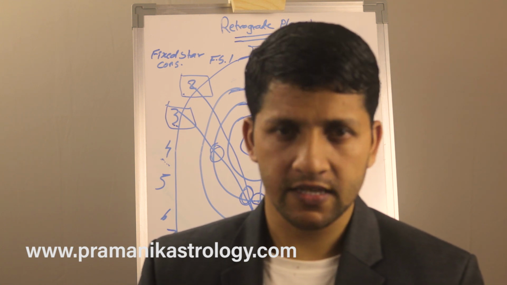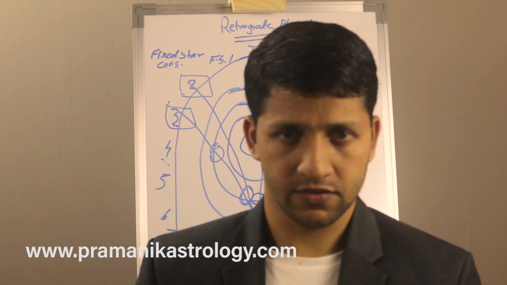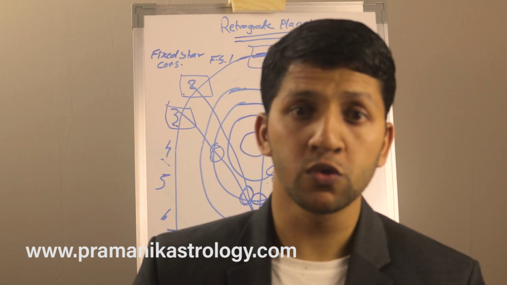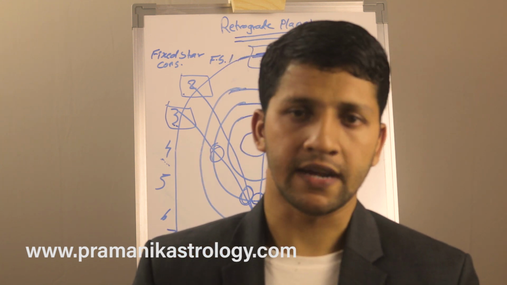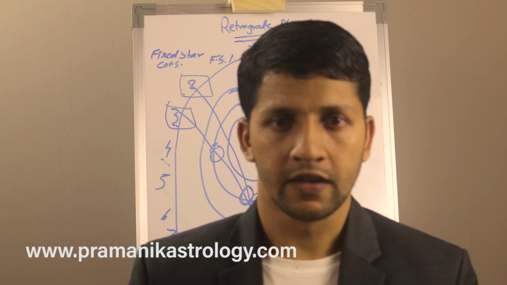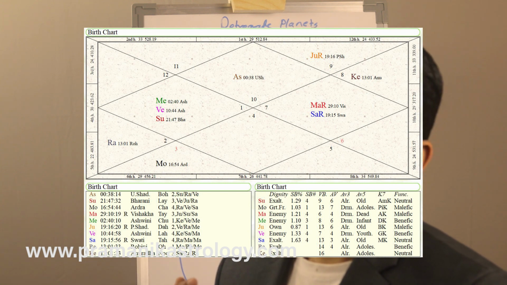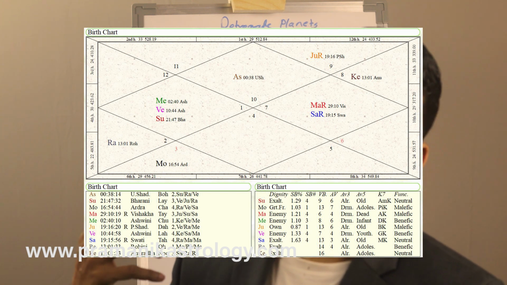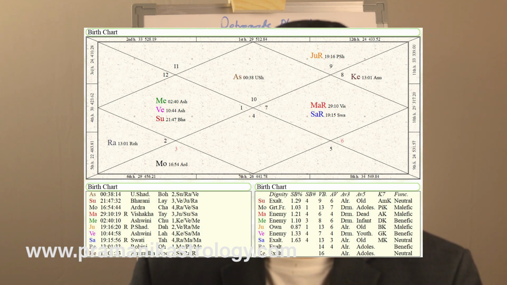Okay, in this example we have retrograde planet in the 10th house. So the 10th house is the most influenced house by the retrograde Saturn. But the houses ruled by Saturn will get great effects. Let's take this as an example, Saturn in Libra in the 10th house.